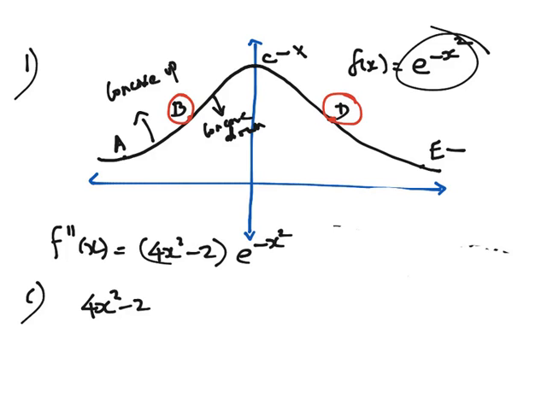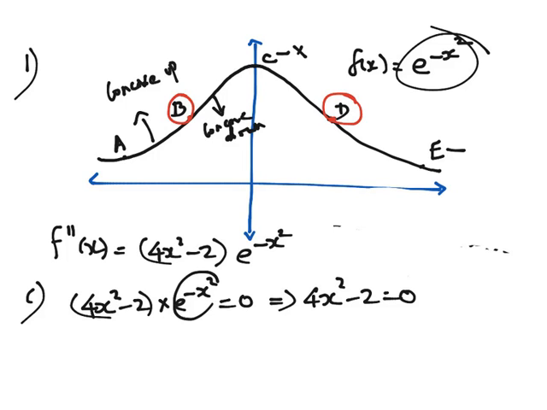So 4x squared minus 2 into e power minus x squared equal to 0, which implies 4x squared minus 2 equal to 0, because e power minus x squared will never be 0. This implies x squared equal to half, so x is plus or minus 1 by root 2.